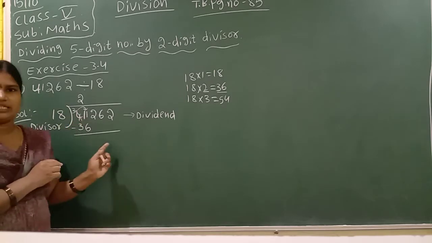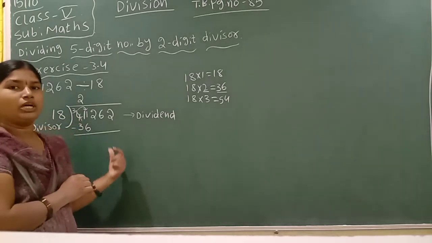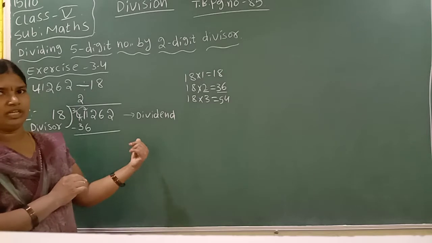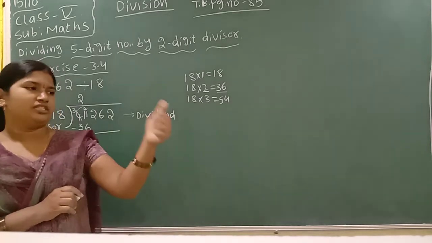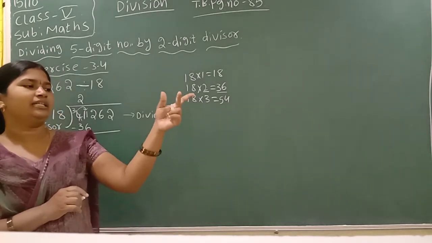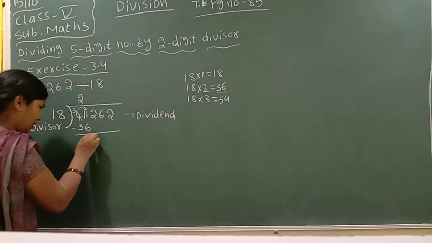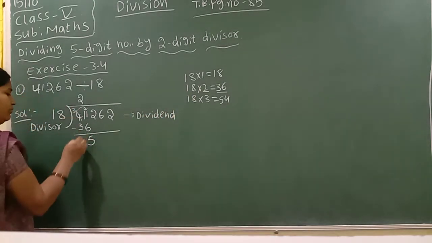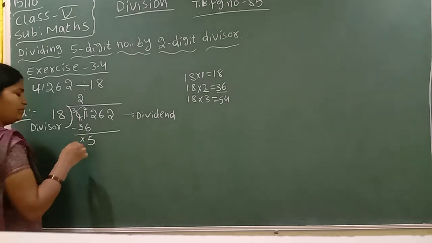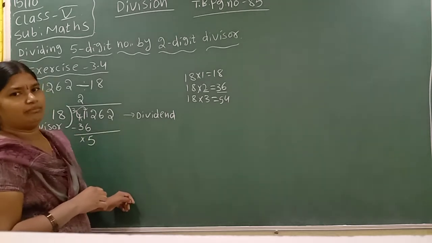Now 11 minus 6: count from 6 after, 7, 8, 9, 10, 11. 5 is our answer, write down 5. 3 minus 3 is 0, and 0 means don't write any number.